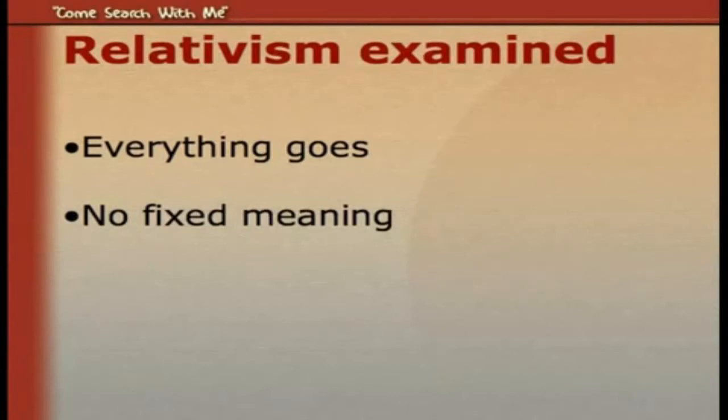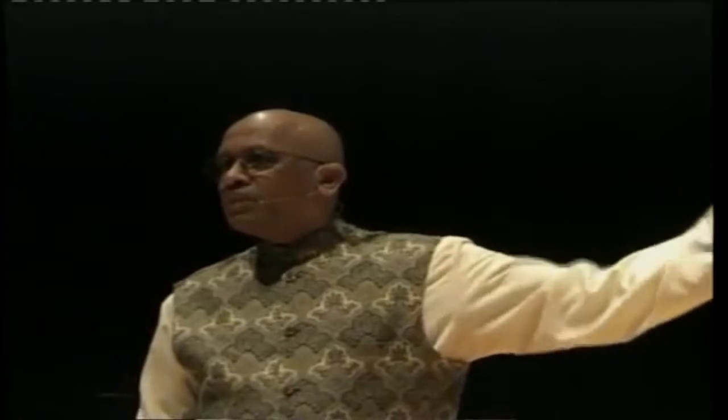There is no fixed meaning in this word. Do you know something? That sentence requires a fixed meaning to tell me what it's saying. Yes, it does. There itself you see that it is a self-defeating proposition.